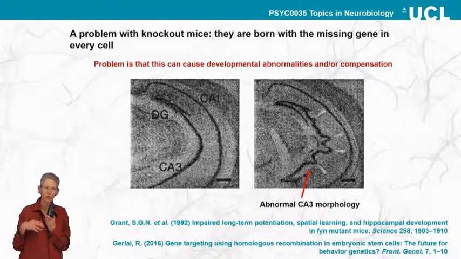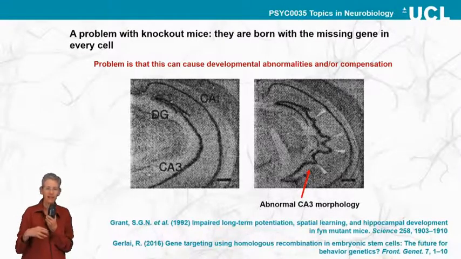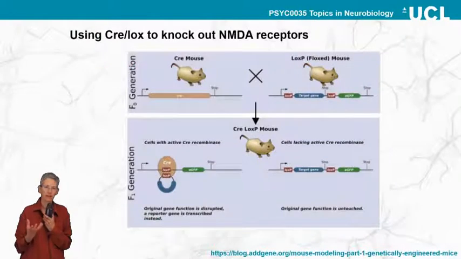The normal process of development, which we're going to look at in a few lectures' time, normally involves some cell death, some sculpting of the cell layers, and this sculpting didn't happen properly, so there were too many neurons. So it's really beneficial if you can use inducible knockout technology, to be able to target your intervention to the time and place of your choosing.